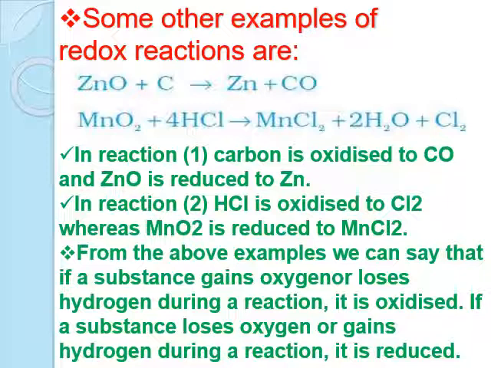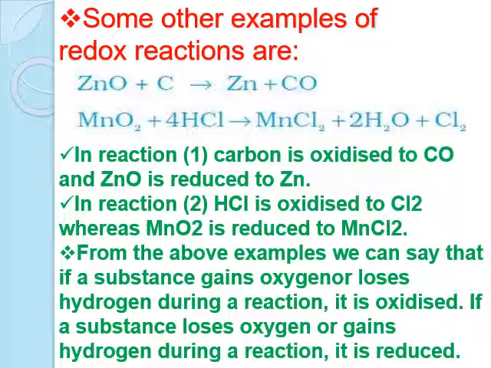Some of the examples are: zinc oxide combined with carbon forms zinc metal and carbon monoxide. The second example is when manganese oxide combines with hydrochloric acid, it forms manganese chloride, water and chlorine.